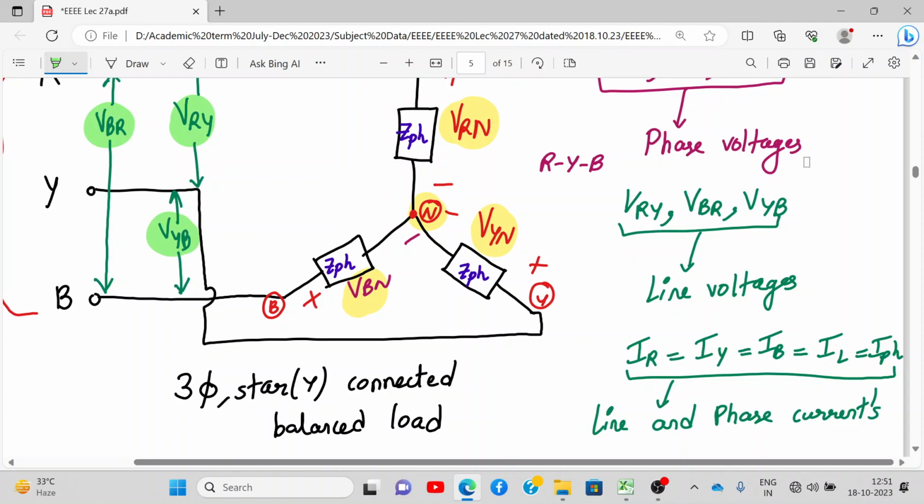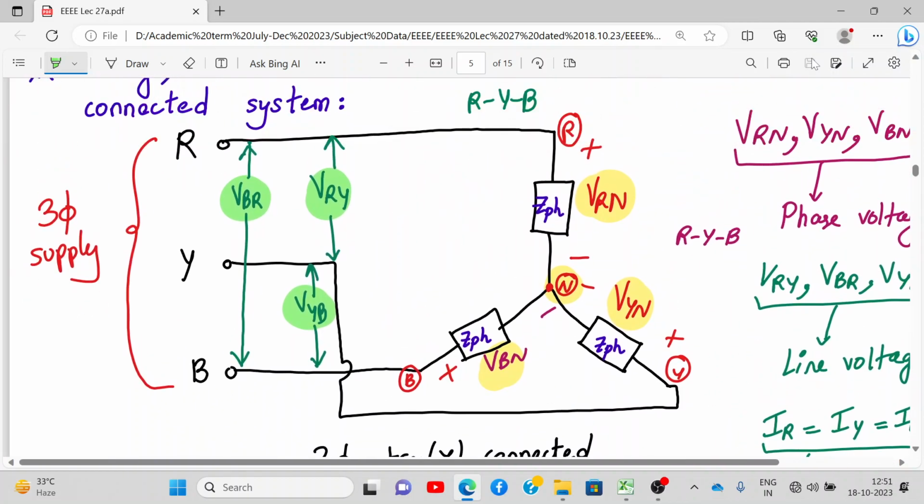So line current and phase currents are same in a star connected system. Completed? Have we understood how we measure phase voltage, line current, and phase current now? Okay?